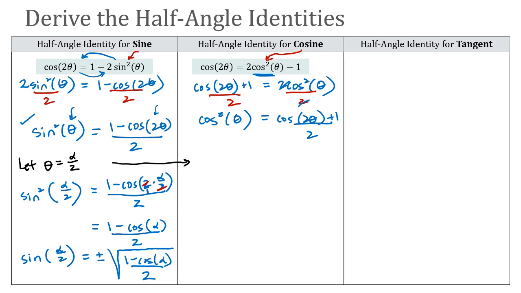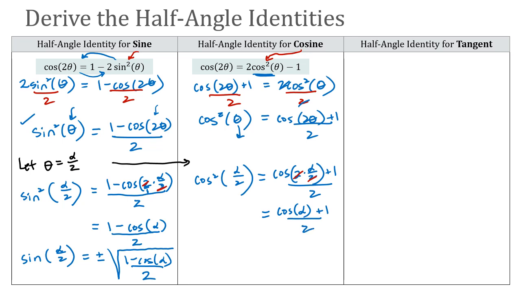So now I'm going to substitute those variables. So in the place of this theta, I'm going to write cosine squared of alpha over 2. That's going to equal the cosine of 2 times alpha over 2 plus 1 all over 2. And just like we saw before, inside the argument of the cosine, the 2's are going to cancel. And so I'm going to be left with cosine squared of alpha over 2 is equal to the cosine of alpha plus 1 all over 2.